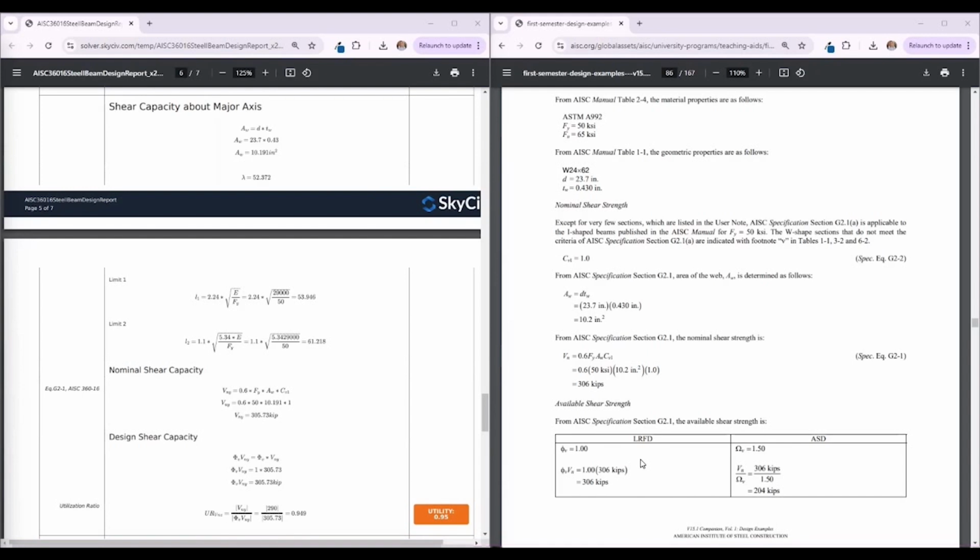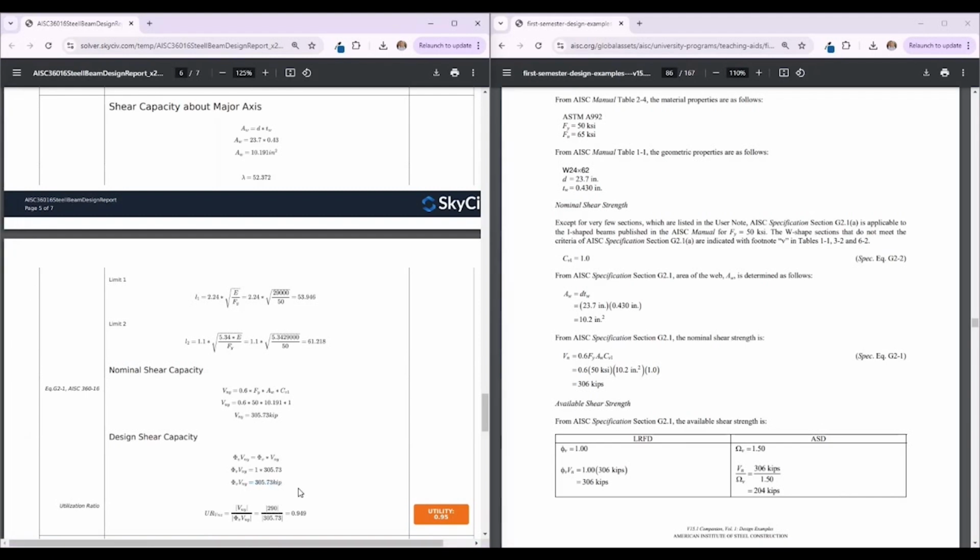SkyCiv also uses that same equation G2-1 to determine the design shear capacity. We multiply phi v equals 1 by the nominal shear strength of 305.73. Those two values multiplied together equal 305.73 kips, which is our design shear capacity.